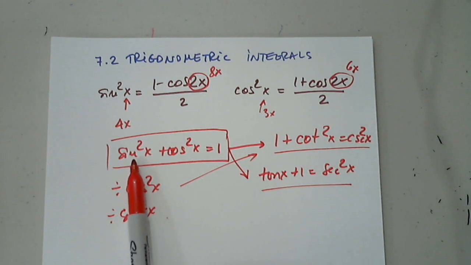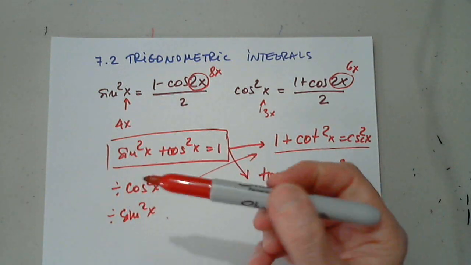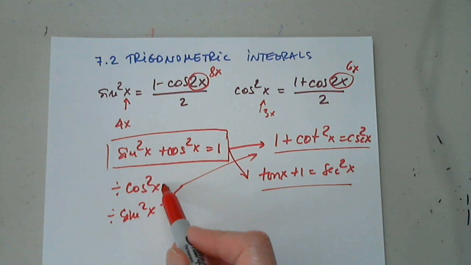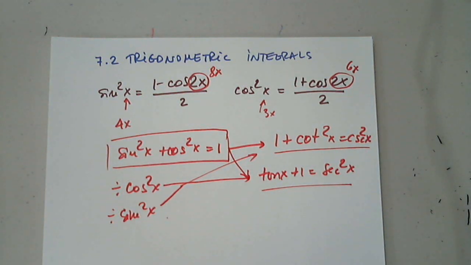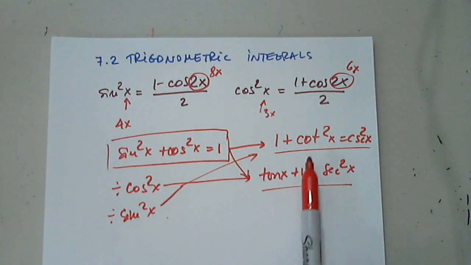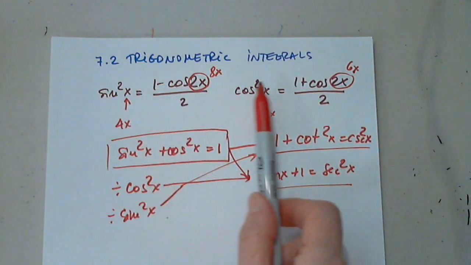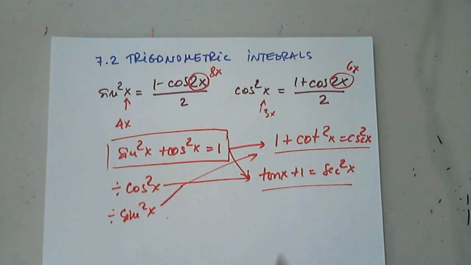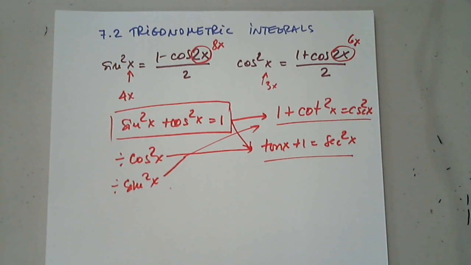So when we divide by sine squared, we get this, and when we divide by cosine squared, we get this: tangent squared plus cosine squared over cosine squared, which is 1, equals 1 over cosine squared, which is secant squared. So please remember these, all these identities are extremely important.